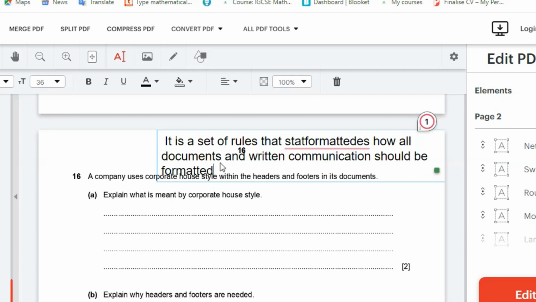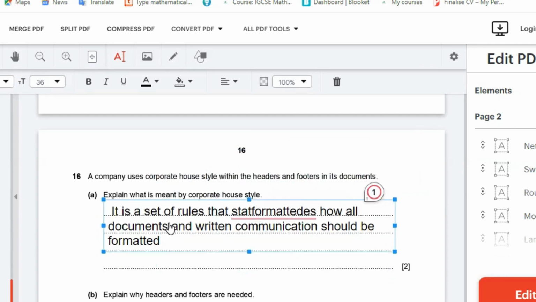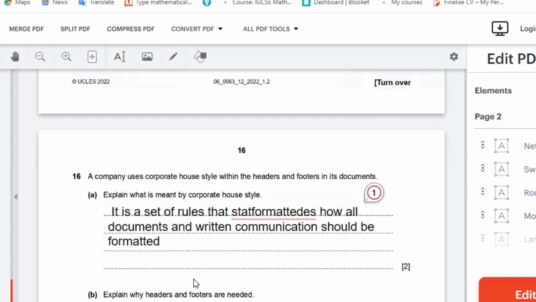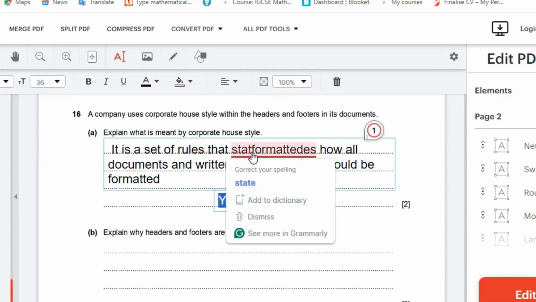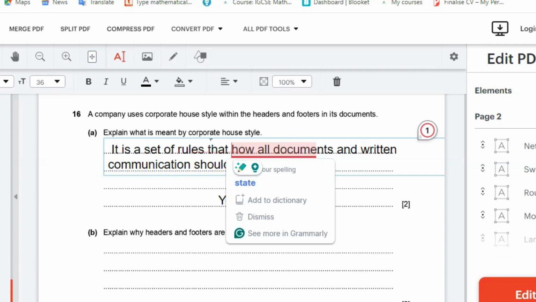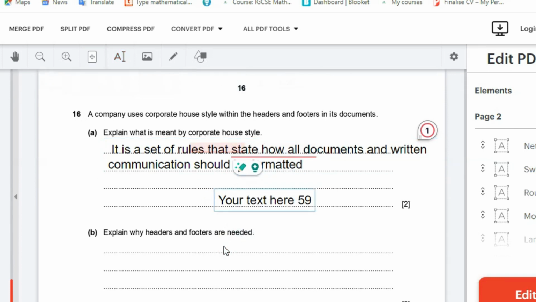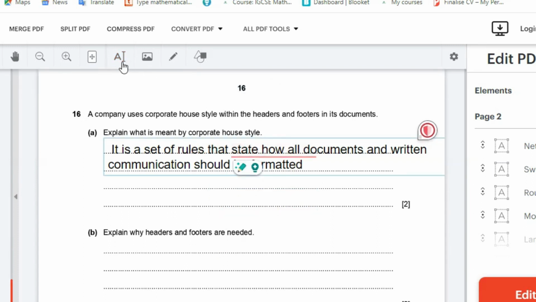All right. So let's go to question 16b. 16b says, explain why headers and footers are needed. So why are they needed?